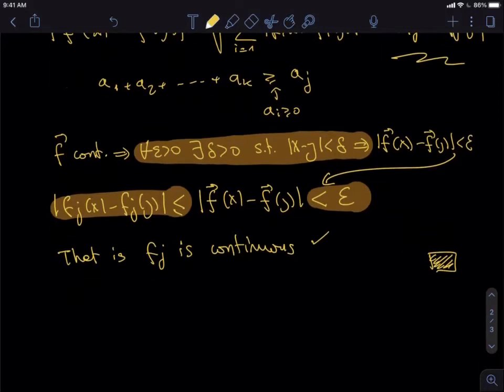Now, one more thing that follows from here. We already know that the sum of continuous functions is continuous, and so are the product and the quotient. So this is a consequence, let's call it a corollary.